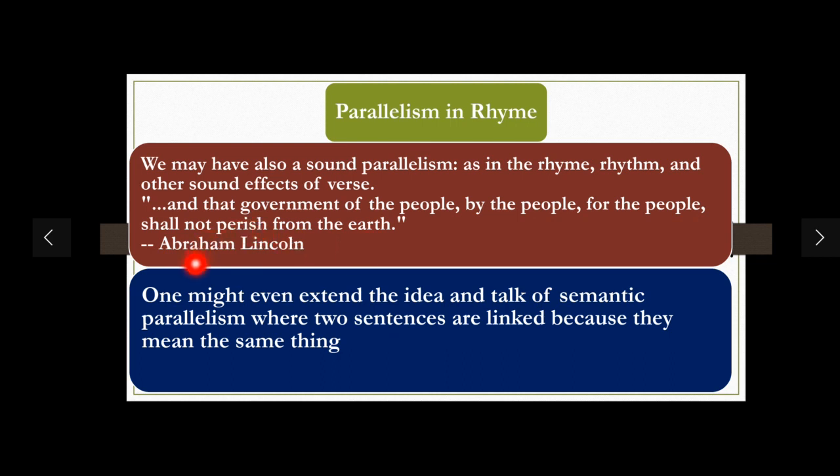You can see when Abraham Lincoln says in his speech, government of the people, by the people, for the people, we have the same sound structure repeated. Now, one might even extend the idea and talk of semantic parallelism, where two sentences are linked because they mean the same thing.